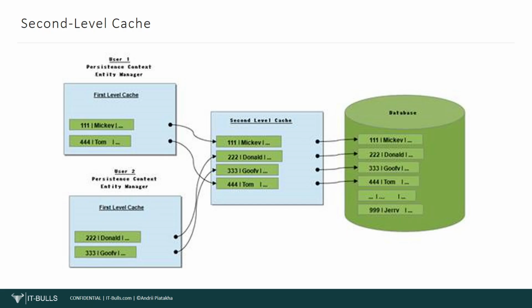As you can see on the slide, the second-level cache sits between Entity Manager and the database. Persistence context shares the cache, making the second-level cache available throughout the application. Database traffic is reduced considerably because entities are loaded into the shared cache and made available from there.